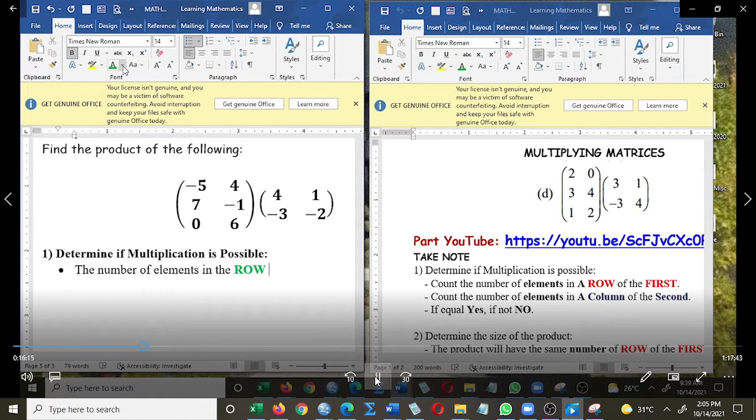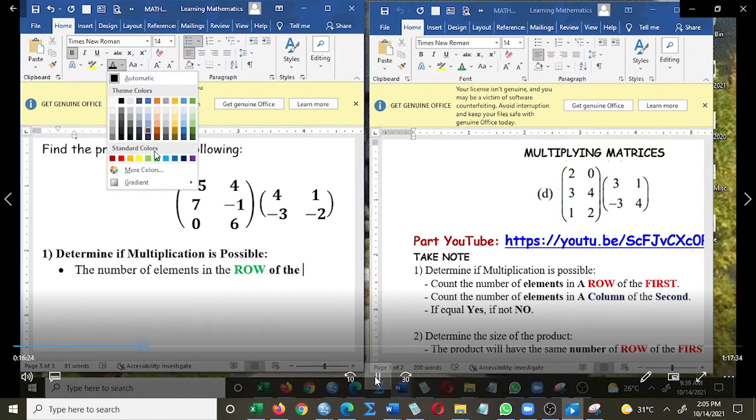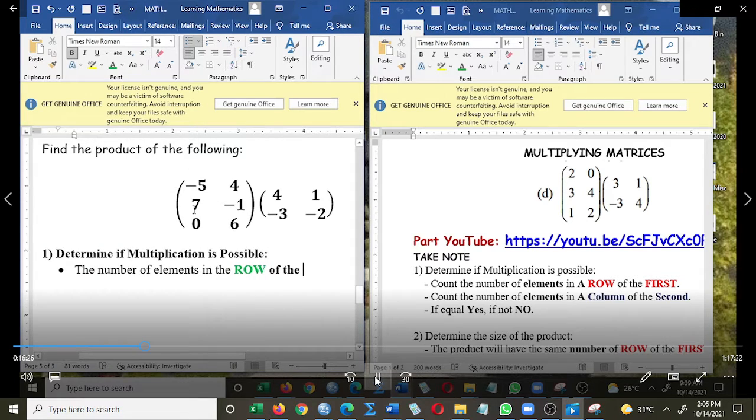In the row, of the first matrix. So when you multiply matrices, please hear me out. Associate the word row with first. I repeat, whenever you are multiplying matrices, associate the word row with first.